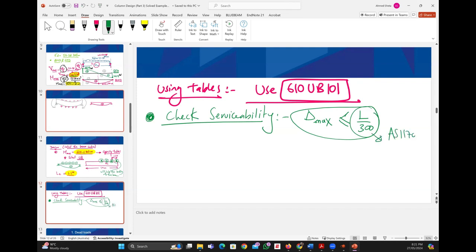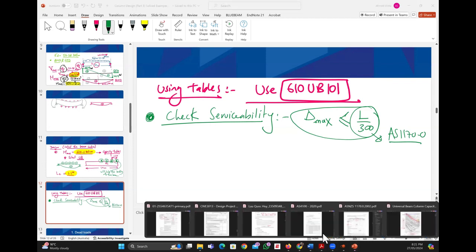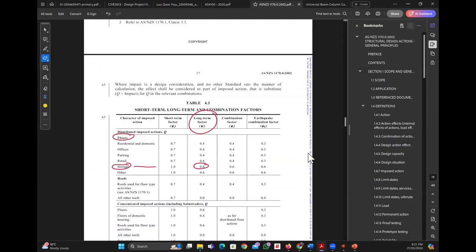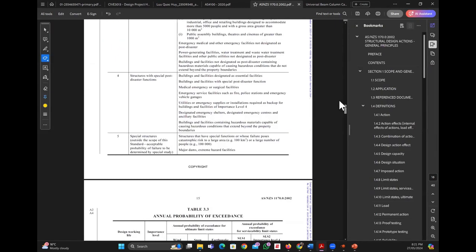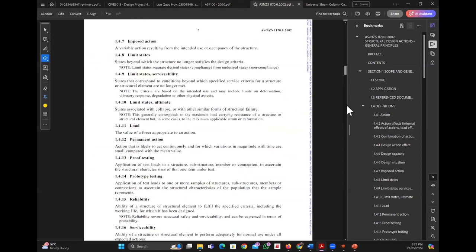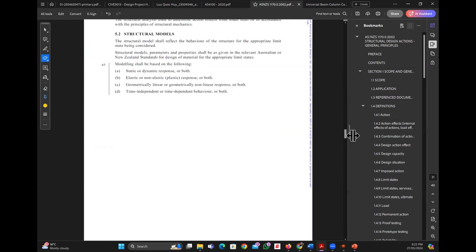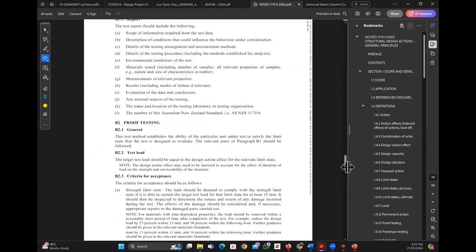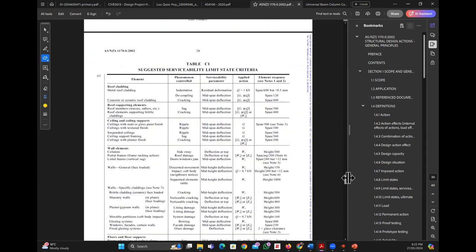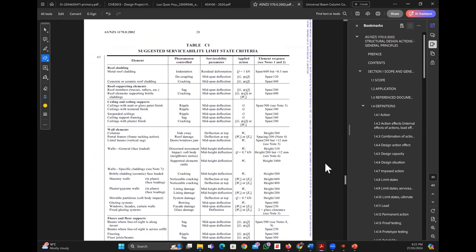AS 1170.0 as well. If we look at the standard, we already opened it before, and look at the tables here, yes, here, suggested serviceability limits.